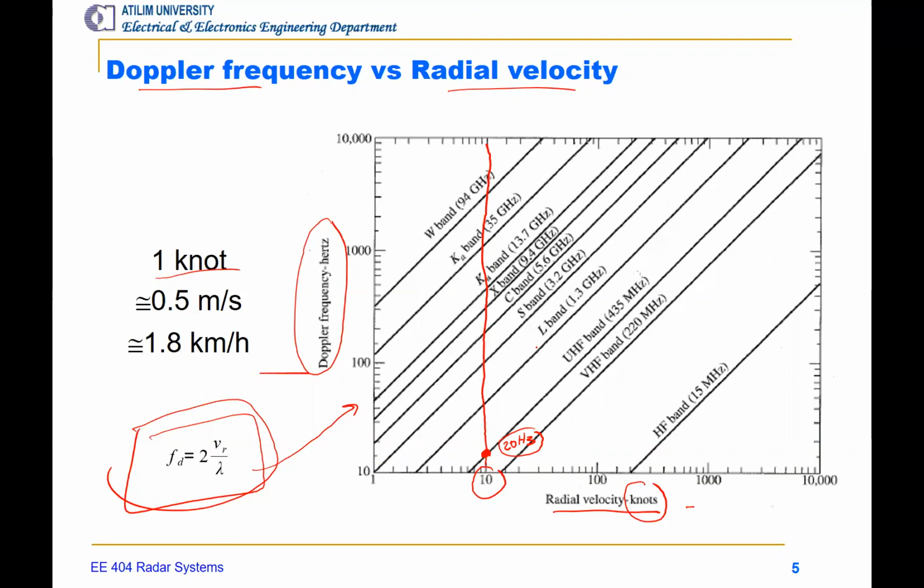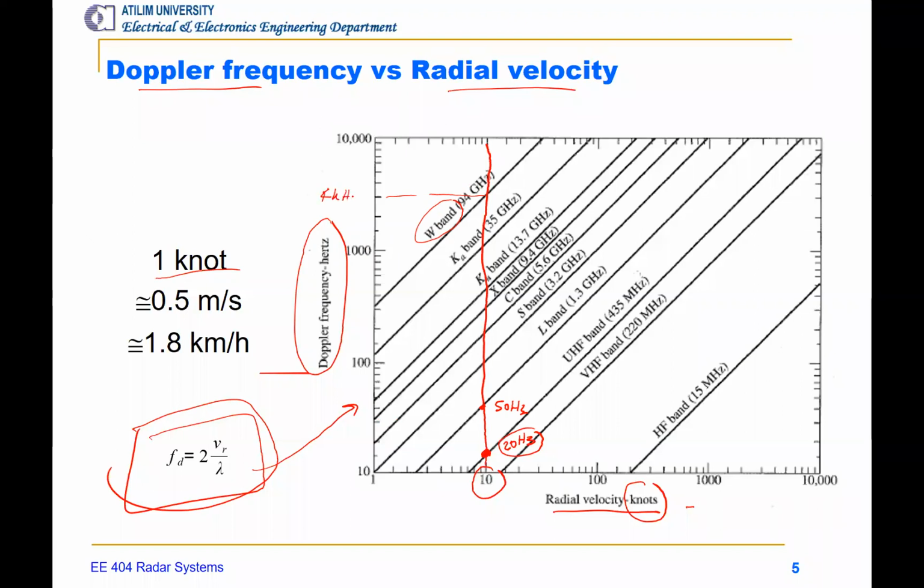While for L-band radar, we have 20, 30, 40, about 50 hertz. While for a W-band radar, which is 94 gigahertz, we have about 1,000 to 3,000, 4,000.